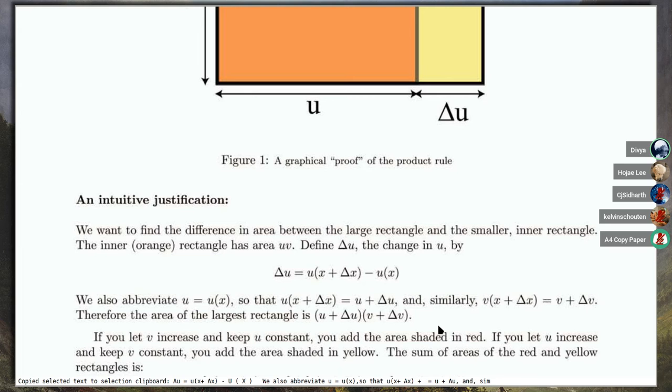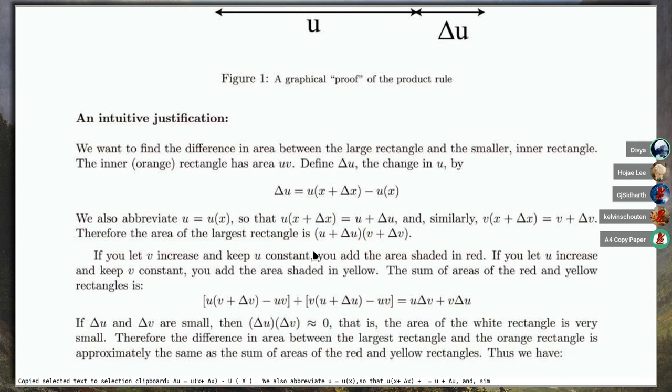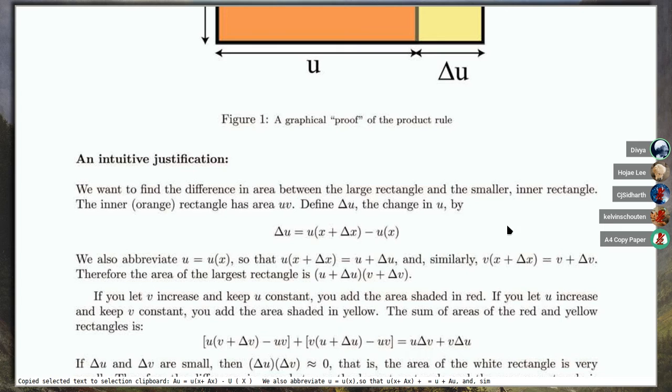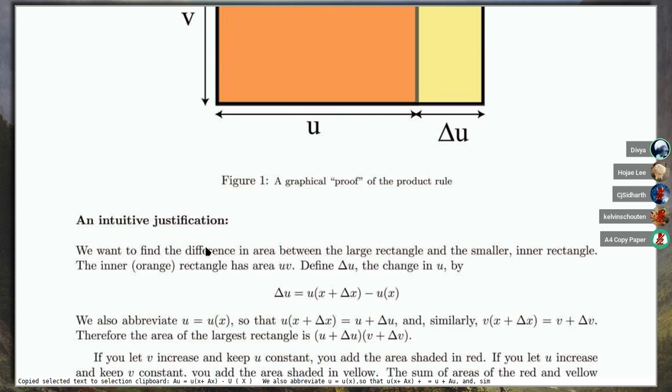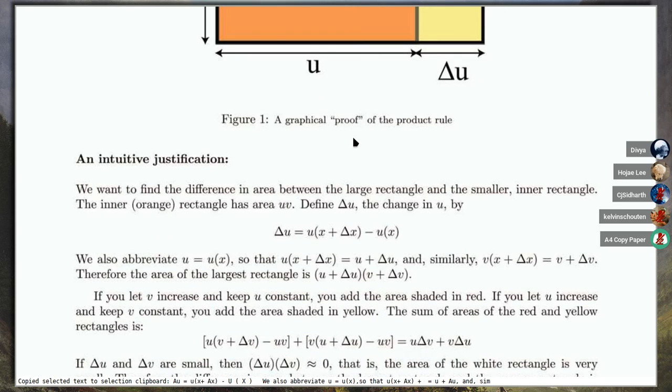Then you do the same for v. So what they're doing is that u of x plus delta x is equal to u plus delta u, and v of x plus delta x is equal to v plus delta v. So the area of the big rectangle is u plus delta u times v plus delta v.